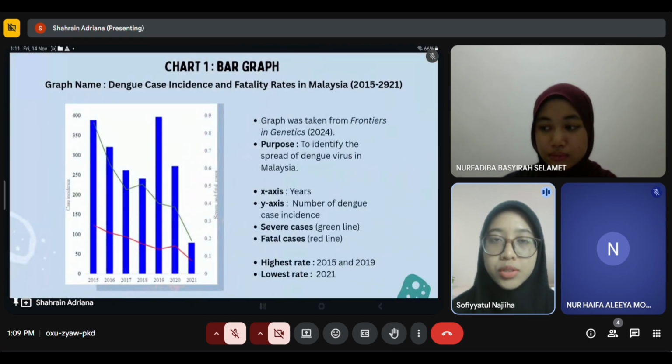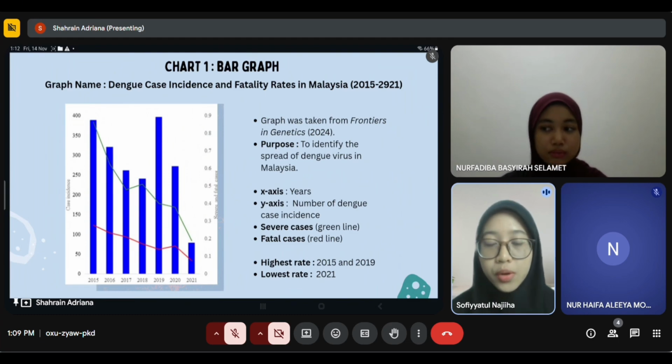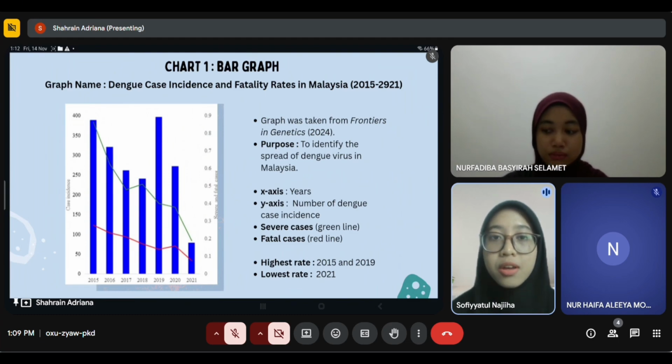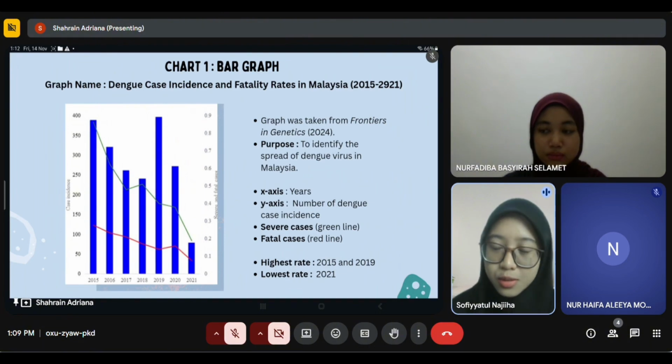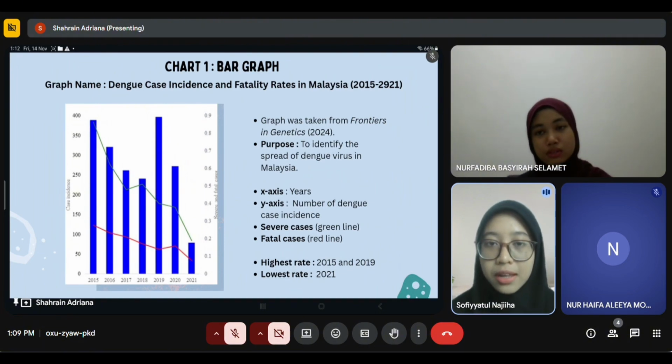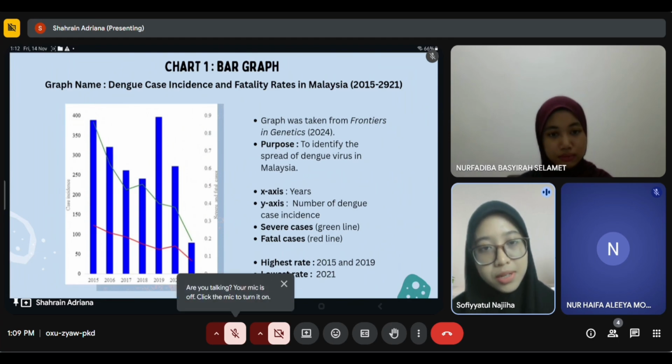We move to the first chart, which is a bar graph that explains about dengue case incident and fatality rates in Malaysia from 2015 until 2021. By the way, this graph was taken from Frontiers in Genetics 2024, and the purpose of the graph is to identify the spread of dengue virus in Malaysia.